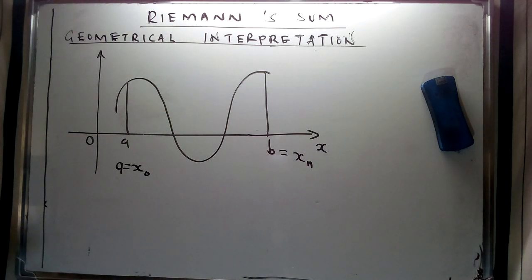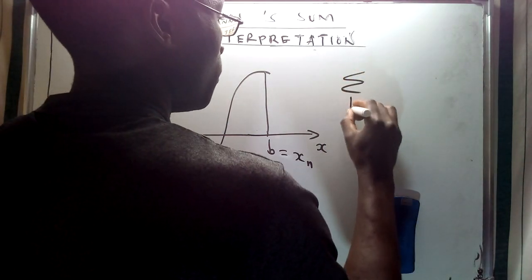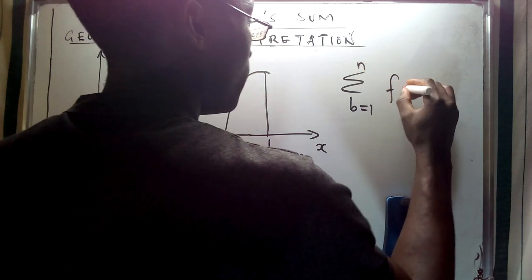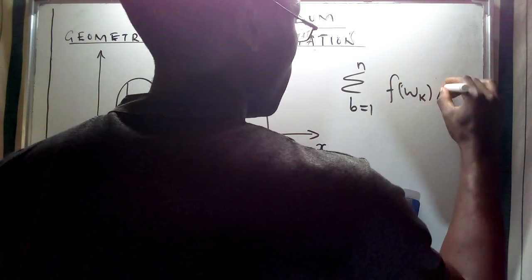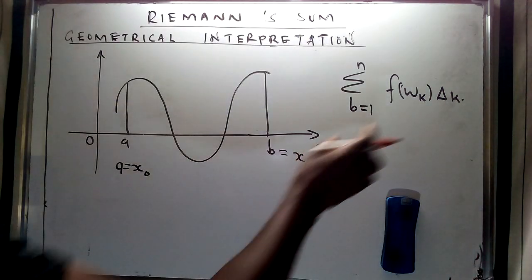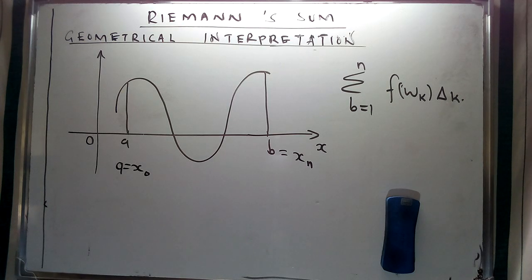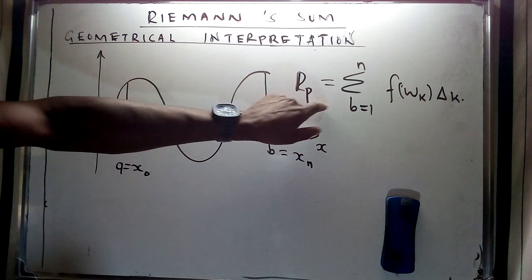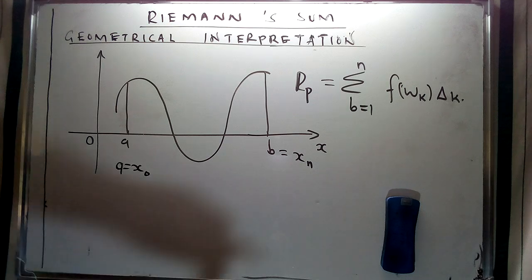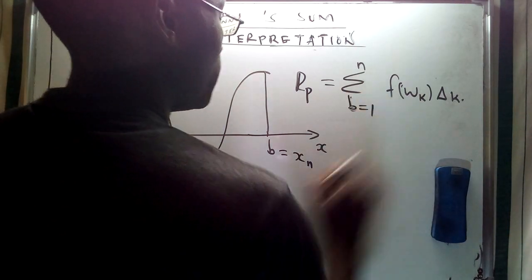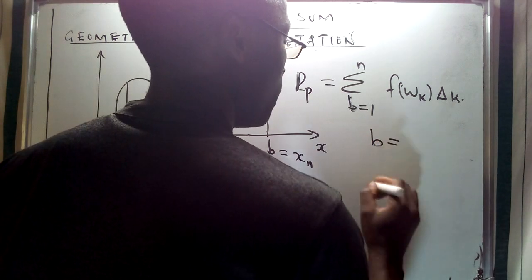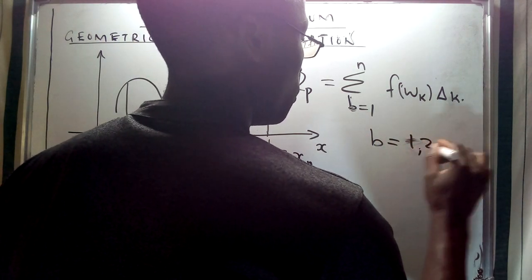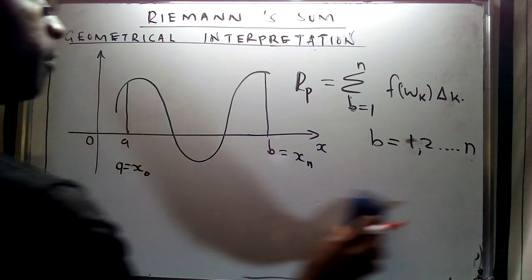To interpret this series, we can give the Riemann series as the summation from k equals 1 to n over the range of values for x, w_k, and the change in k, whereby we can have a geometrical interpretation of what these values entail. The index k is going to be an integer ranging from 1 up to n.